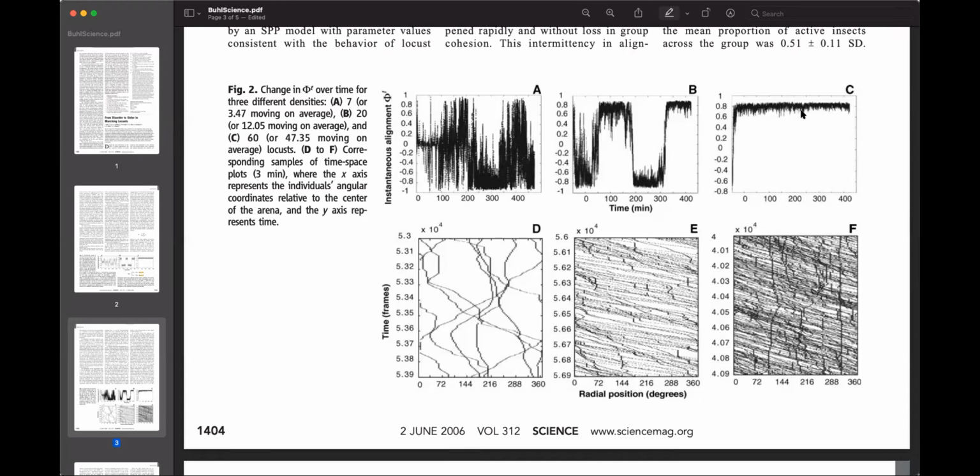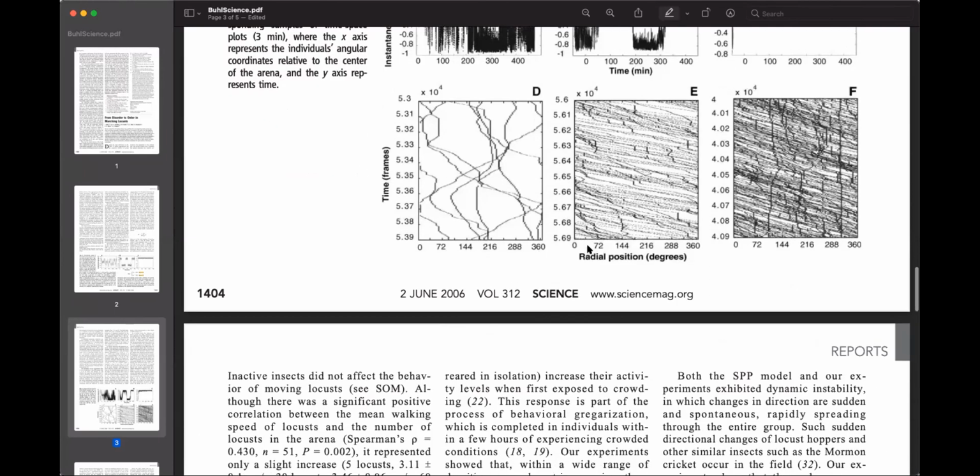Is this clear? So this is an example of making connections between theory and experimental data. You have a prediction from the theory, and then you test it in the experimental system. That's all.